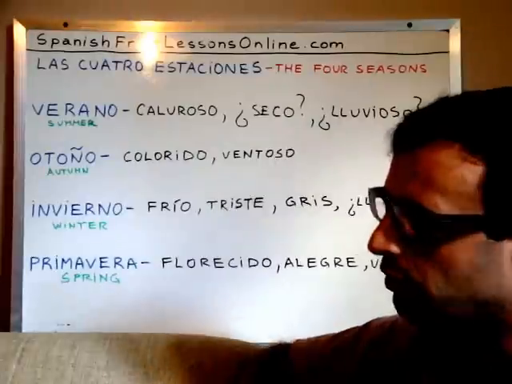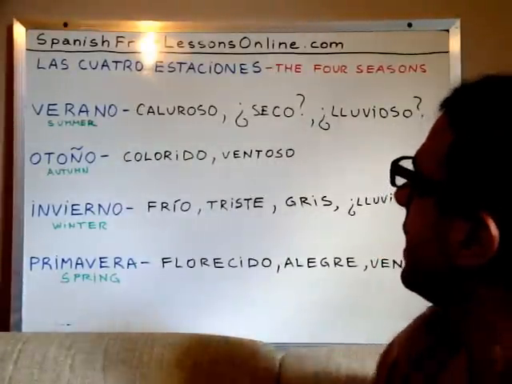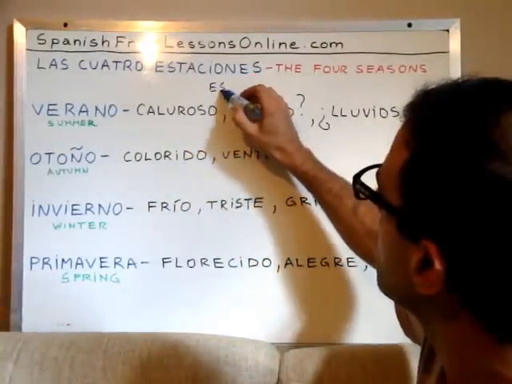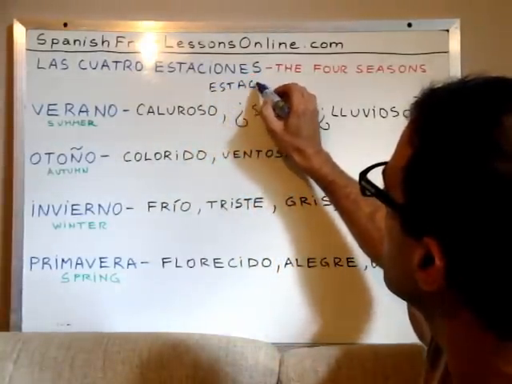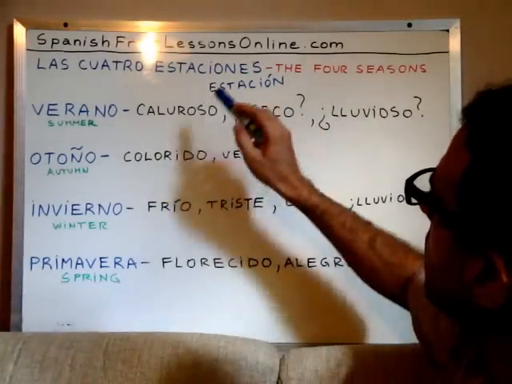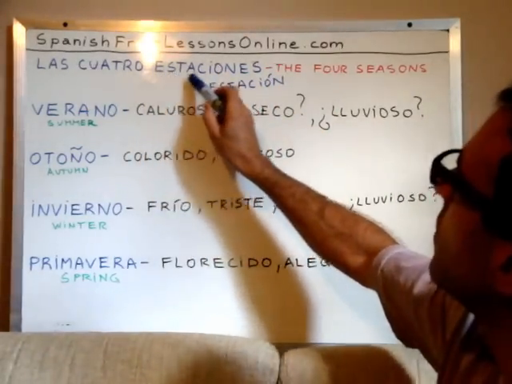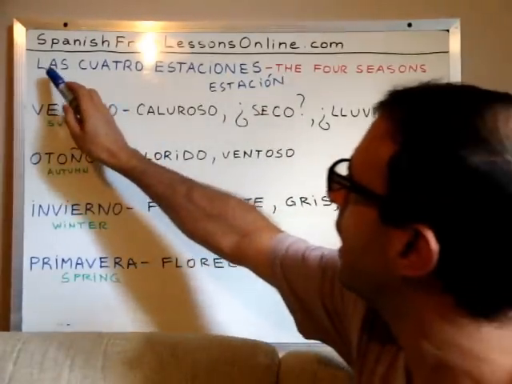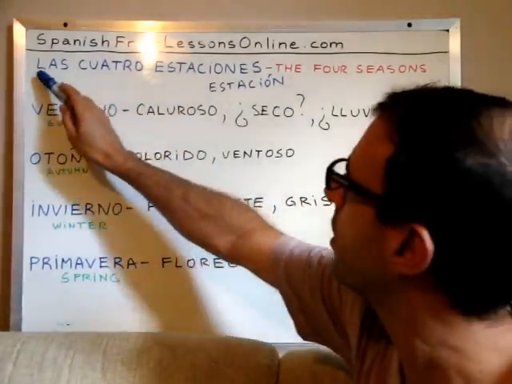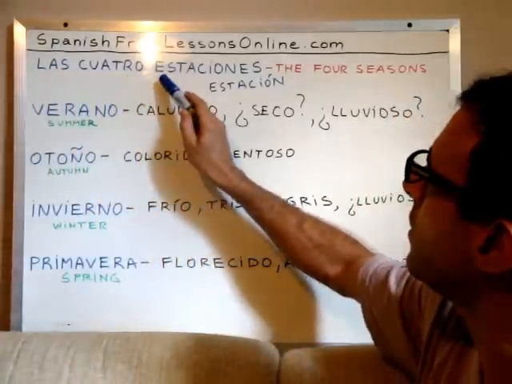Actually, the singular for estaciones would be estación. This would be season. Estación. So, season, seasons. Las 4 estaciones means the 4 seasons.